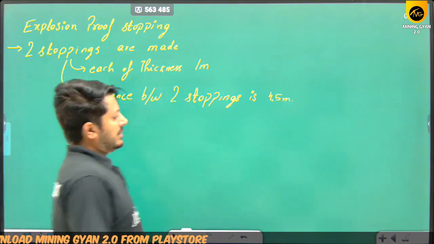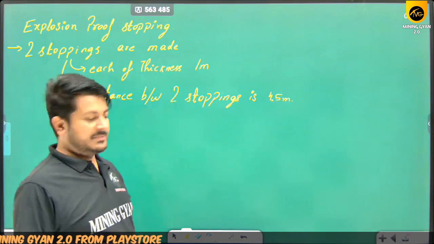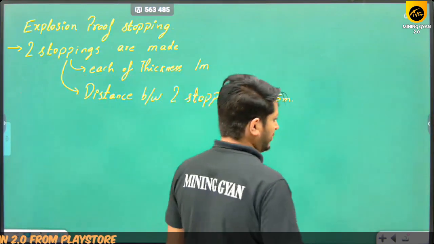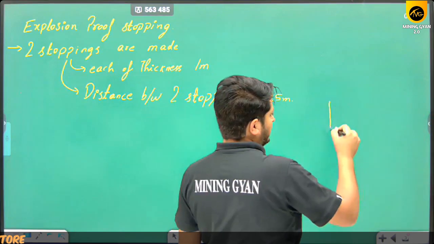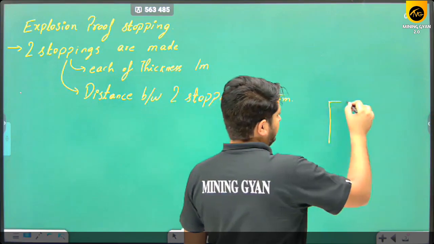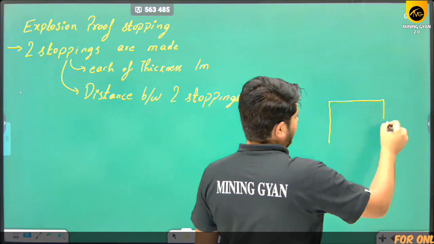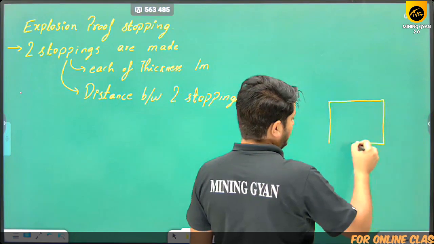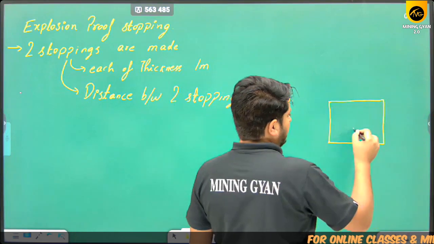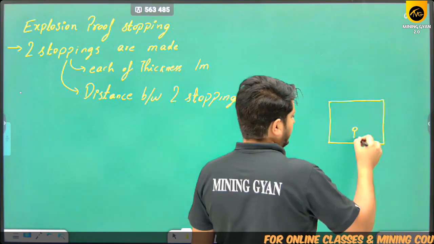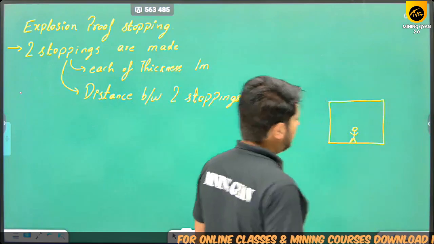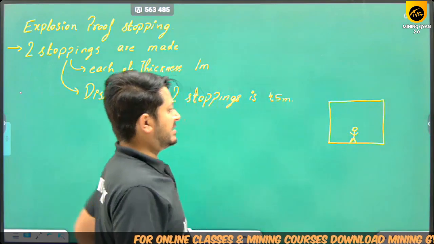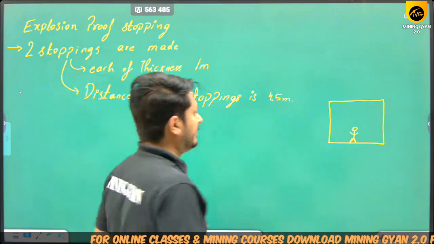now let's make the diagram. Suppose this is your gallery. I will make 2-3 diagrams, and you are standing in this gallery. This is the front view.